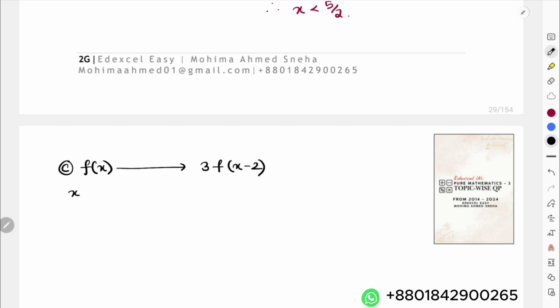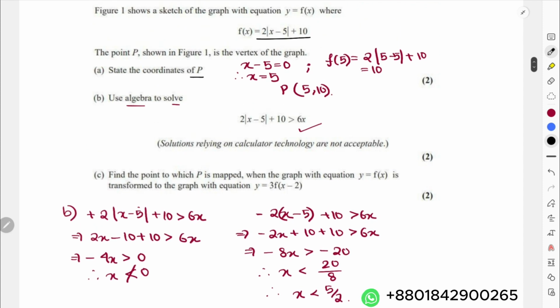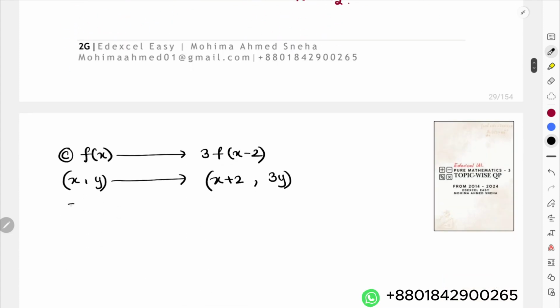That means in general, all the x and y coordinates will get transferred to x plus 2, as we have a minus 2, so your horizontal translation will be 2 units to the right, and 3y. So your coordinates for P were actually (5, 10), that will get modified to 5 plus 2 is 7 and 3 times 10 is 30, right? So this is your value.